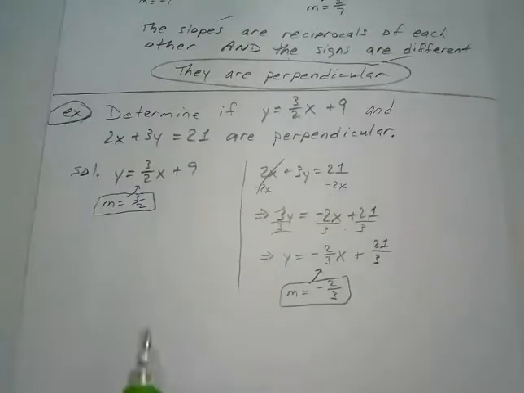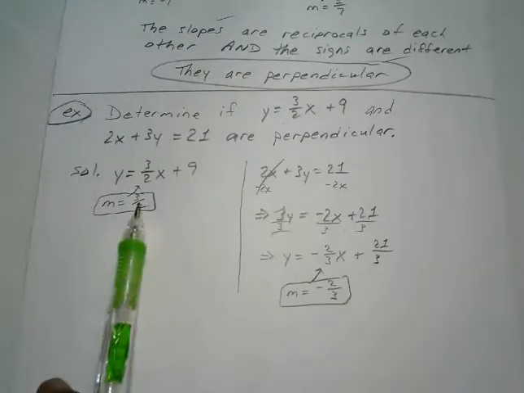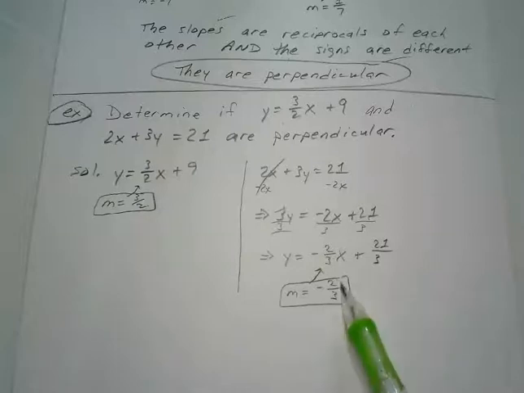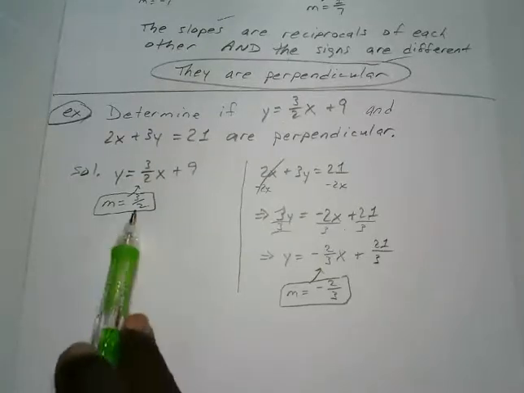Now that we can compare both of our slopes, we see here we have 3 over 2 and 2 over 3, so they are reciprocals of each other, and the signs are different.